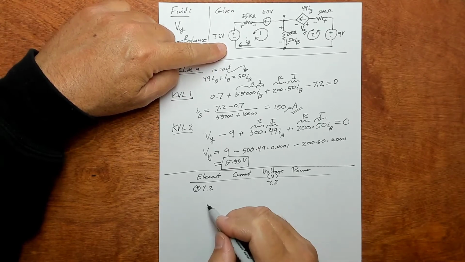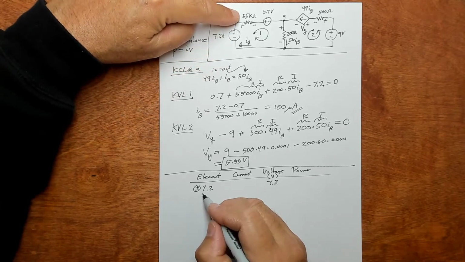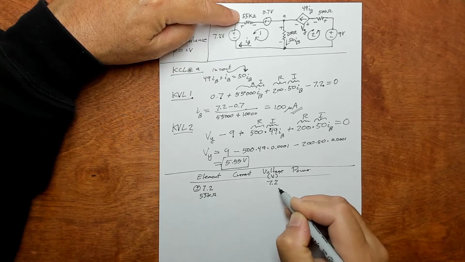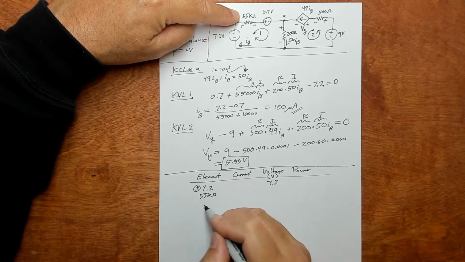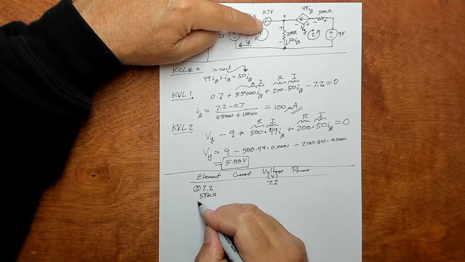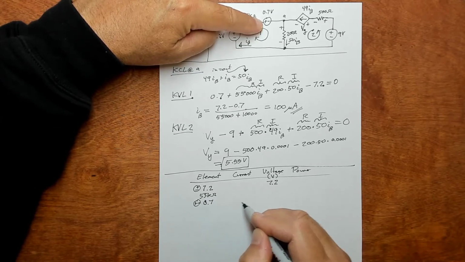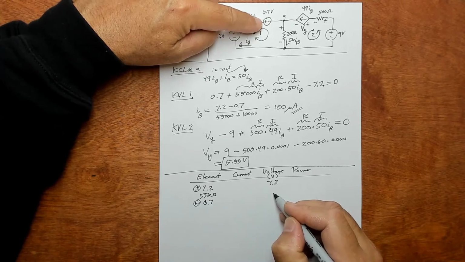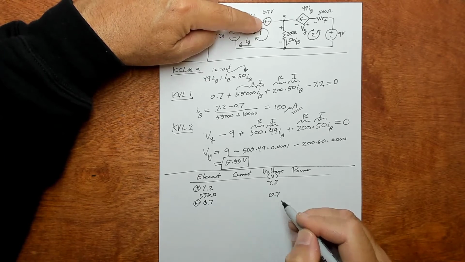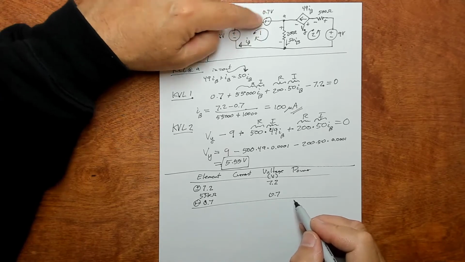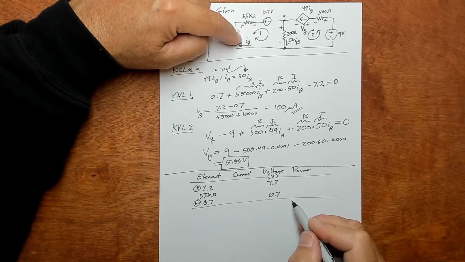Then we've got this 55 kilo ohm resistor. And then we've got the 0.7 volt device, which has 0.7 volts in it. Draw a line here. That's the three elements on this side of the branch.